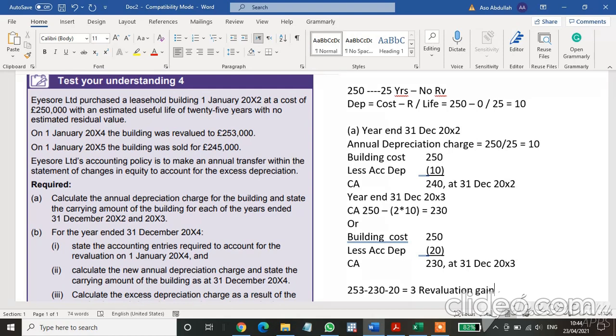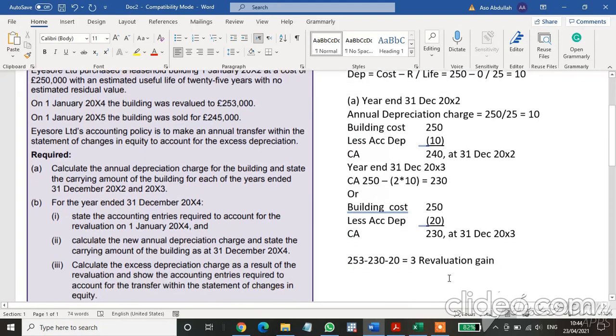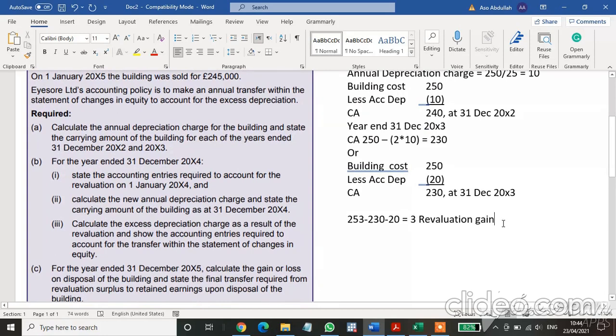So in here task B, it says only state how we are going to record it. How are we going to record the entries?